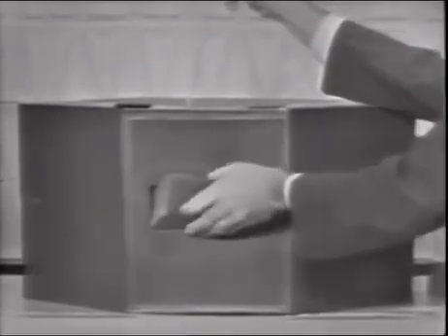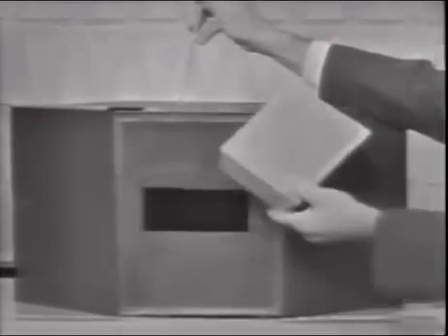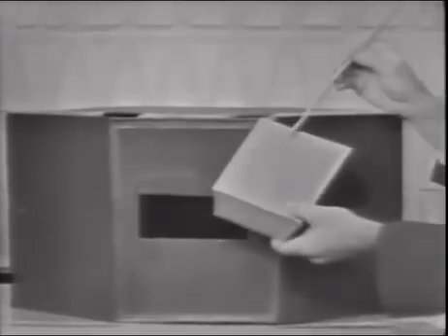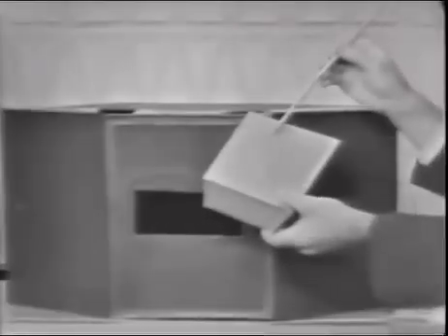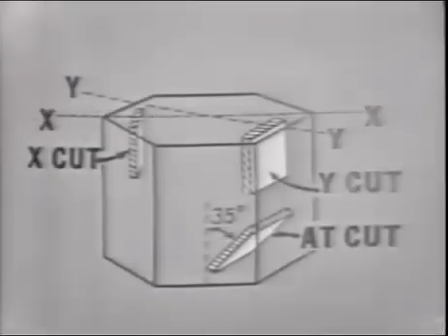And removing the cut from the crystal, again, only a small portion of the natural crystal. We call this cut an AT cut. An AT cut crystal. Okay, let's go back to our chart once more, and I want you to complete item 4 in the TVI guide.